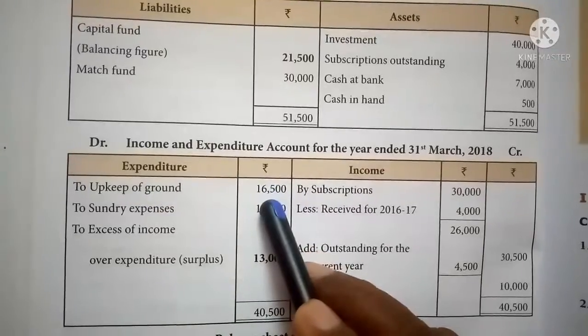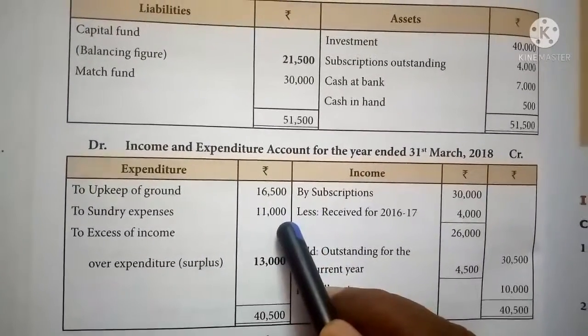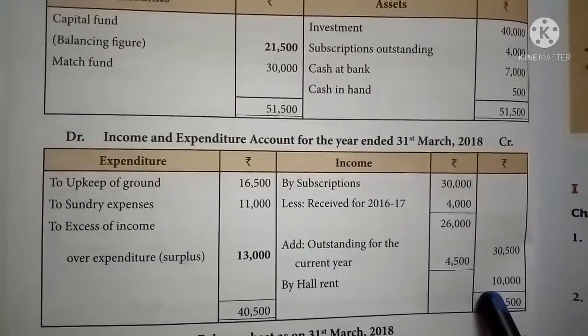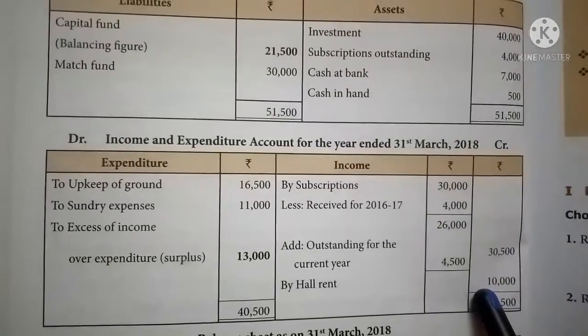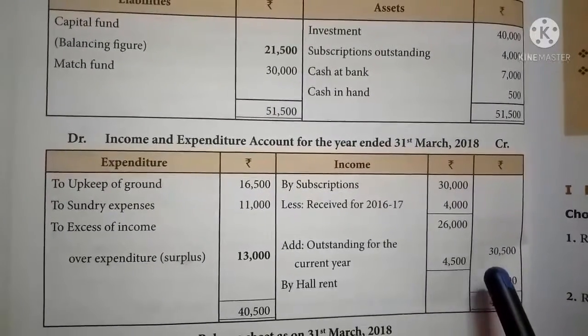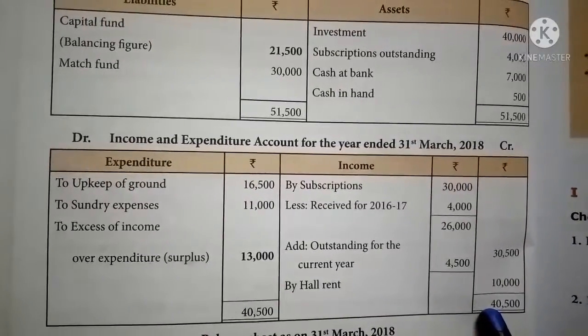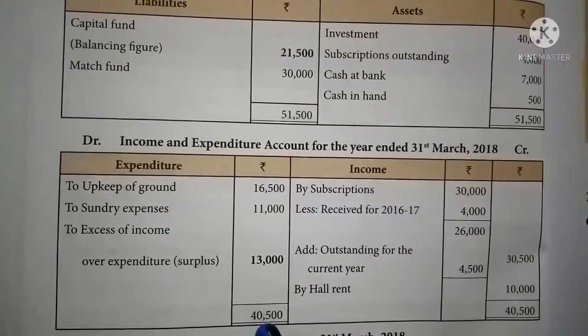After writing these two amounts, the total of the debit side is 27,500. The total of the credit side is 40,500. The highest amount is the credit side total 40,500, and that amount should be written on the credit side. Write the same amount on the debit side also, 40,500.